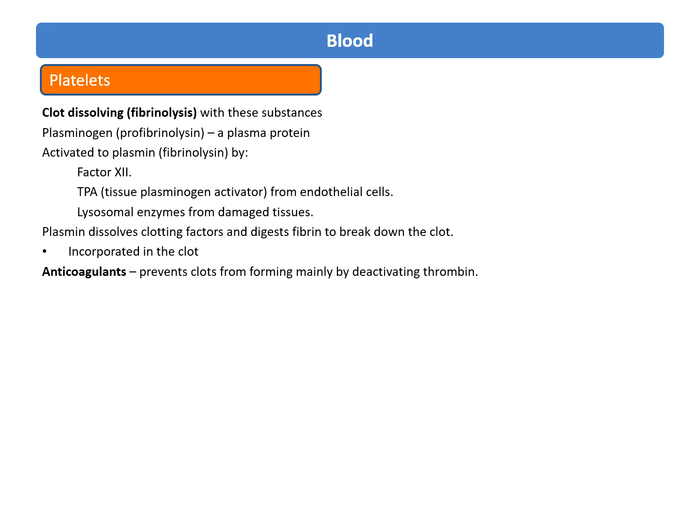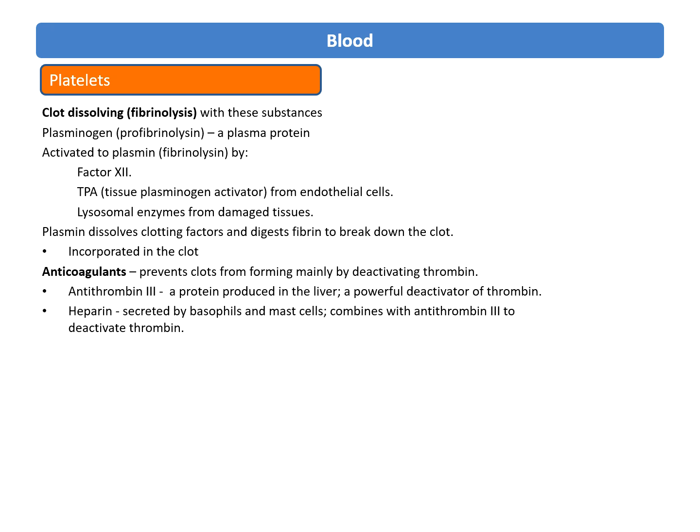Anticoagulants prevent clots from forming, mainly by deactivating thrombin. Antithrombin 3 is a protein produced by the liver, a powerful deactivator of thrombin. Heparin, secreted by basophils and mast cells, combines with antithrombin 3 to deactivate thrombin.